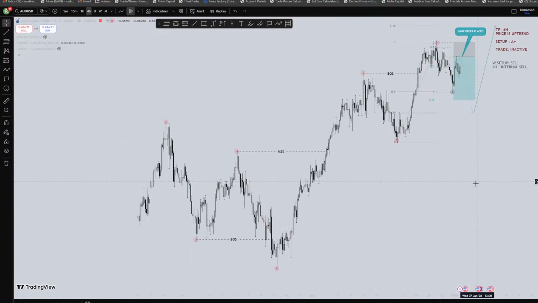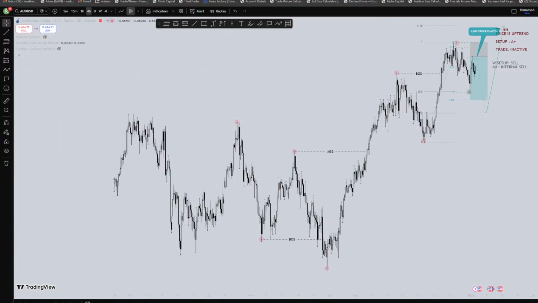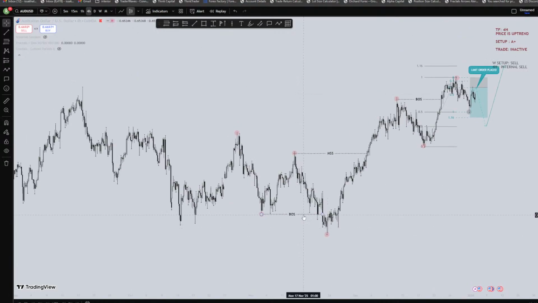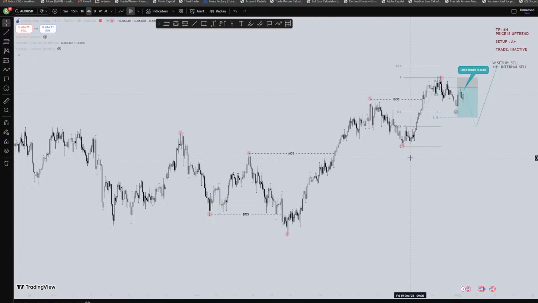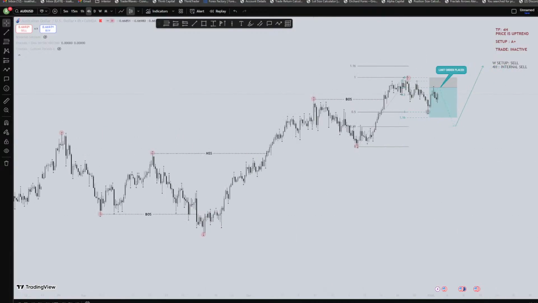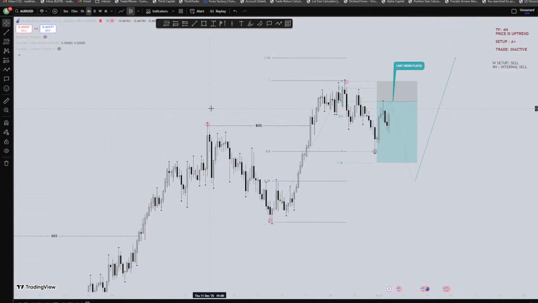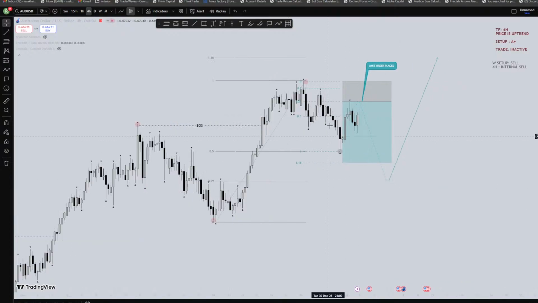So on the 4 hour, yeah, clearly bullish. Price is rallying higher, so clean. So you're waiting for price. It's not being able to be tagged in.